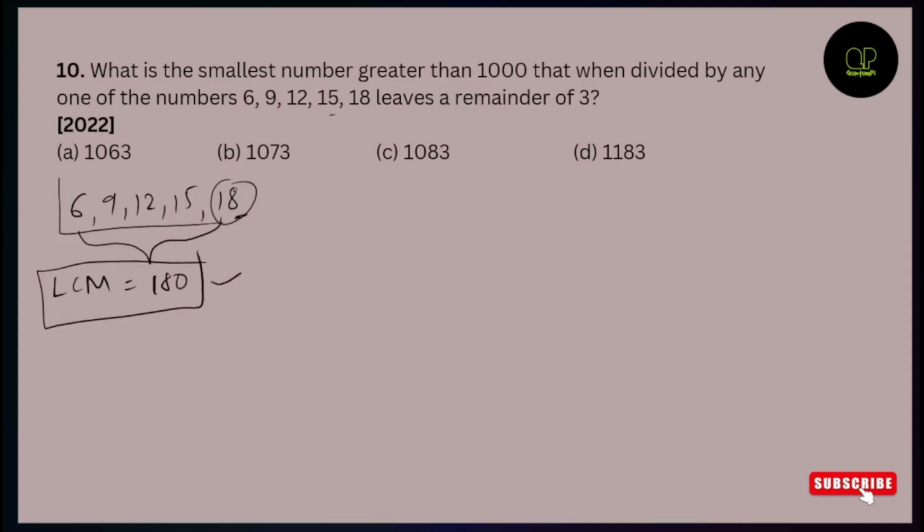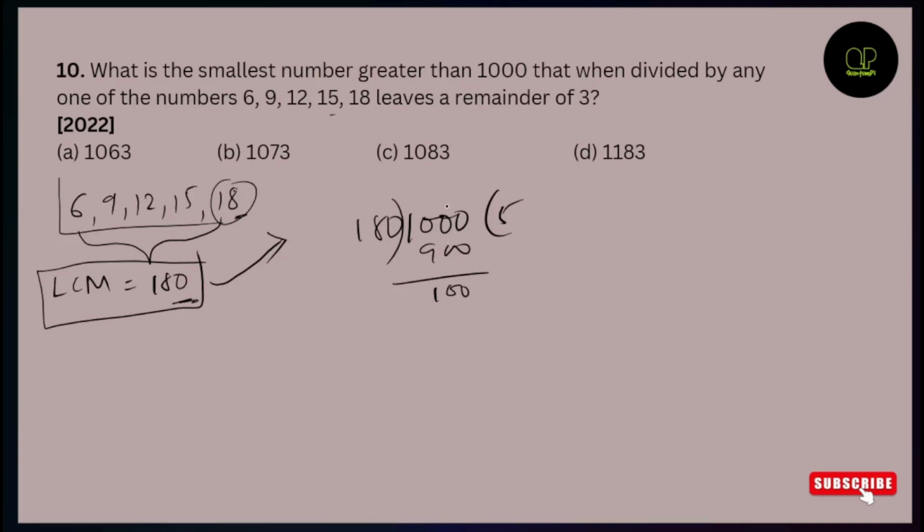So you have to find a 4-digit number which is exactly divisible by 180. Let me divide 1000 by 180 and check. 180 5s would be 900, right? So you're getting 100 as your remainder when you divide 1000 by 180.